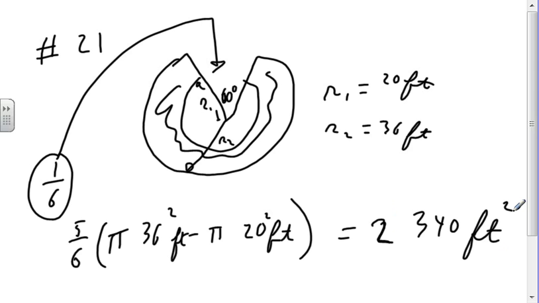That would be 36 squared minus 20 squared, right? Yeah. Because the area is pi r squared. So pi r squared is the area of the whole, and then I'm subtracting pi r squared, the center part. I'm subtracting that area, but I only have 5/6 of the total because I got a triangular thing taken out of it.